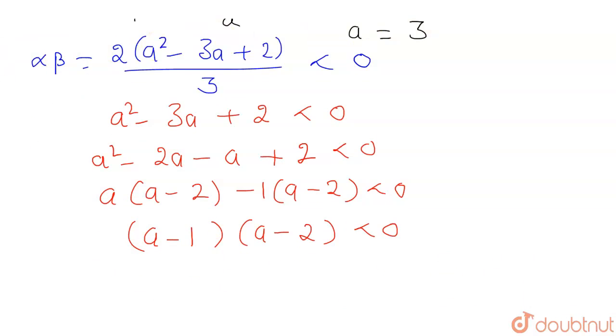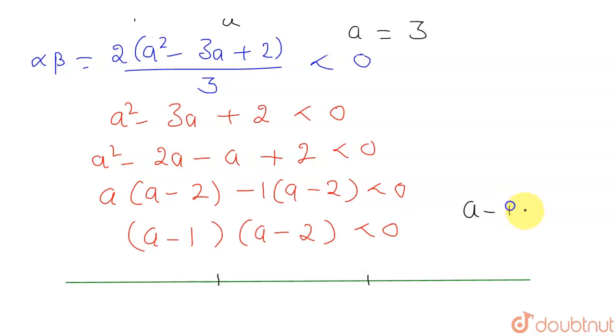Now we have to just solve this inequality. For solving this inequality, I have to first draw a number line, and then I have to put the zeros here. These are the zeros of this equation. If I put a minus 1 equal to 0, this will give me a is equal to 1, and similarly this will give me a is equal to 2.